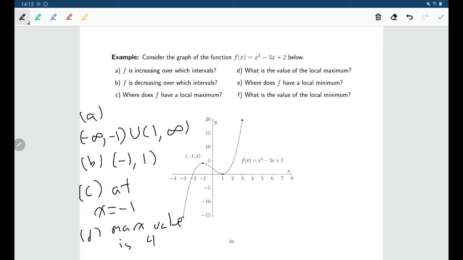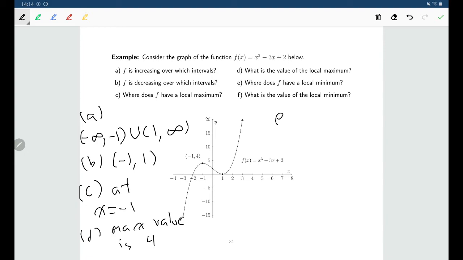That's one thing just to be careful here, that when we're talking about minima and maxima and all the rest, there's two different things that I could be interested in. I could be interested in where does the maximum or minimum happen? That's the x value. Or I could be interested in what is the minimum or maximum value? That's the y value. So where does the maximum happen? It happens at -1 for x. What is the maximum value? That's the y value, which is 4.